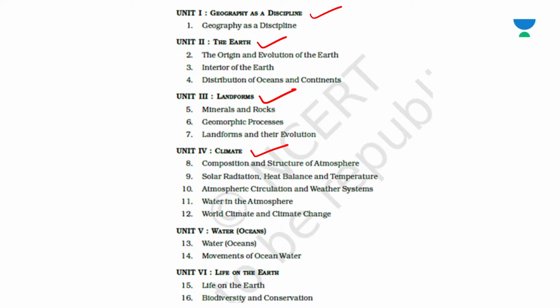Precambrian era, Paleozoic era, Mesozoic era, then we have discussed the Cenozoic era.